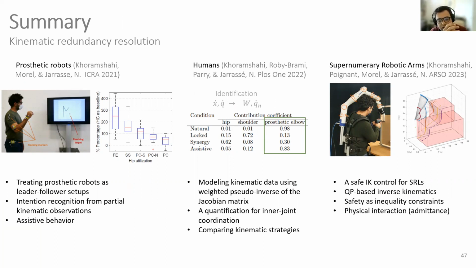In the second part, we use Semlar's formulation for modeling kinematic data, which allows us to talk about inter-joint coordination and compare kinematic strategies in our experimental scenarios. And in the third part I showed this safe IK control.